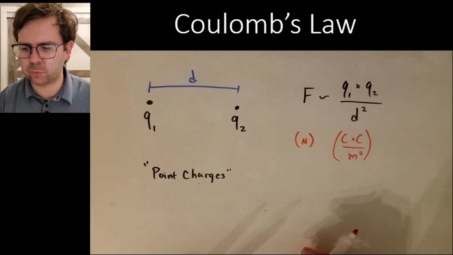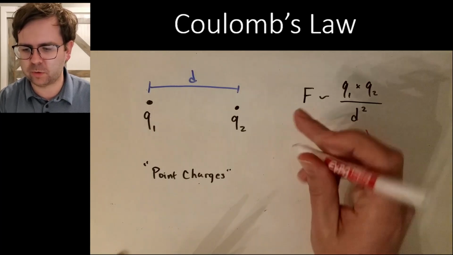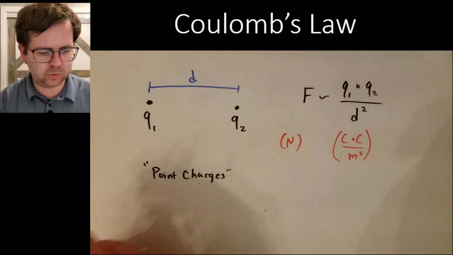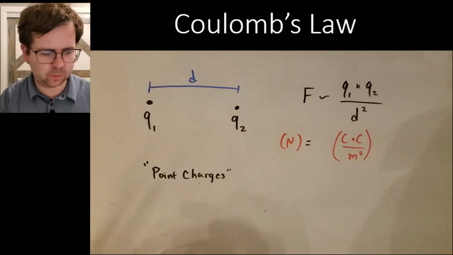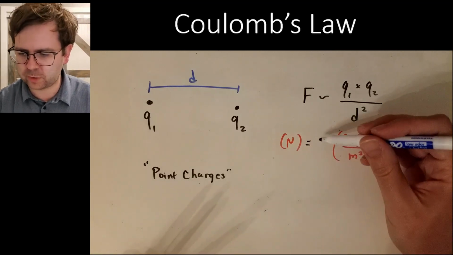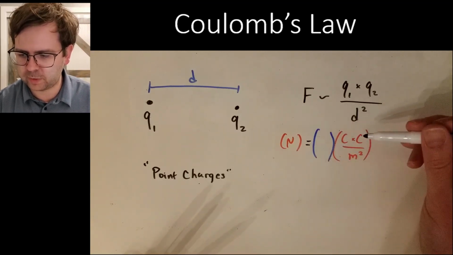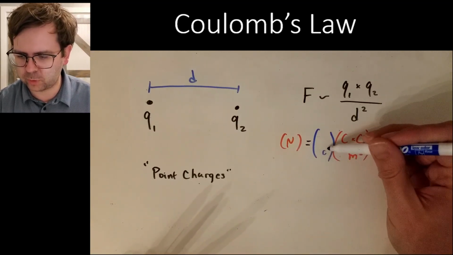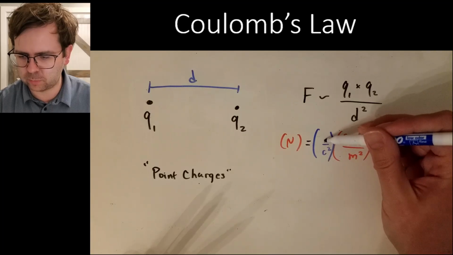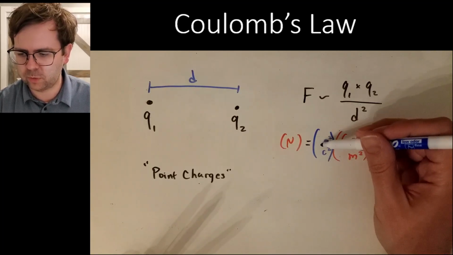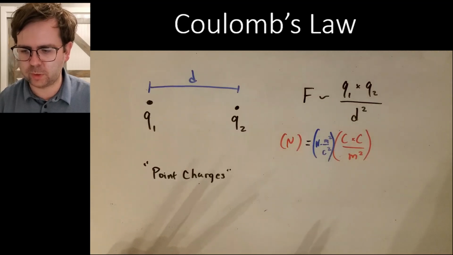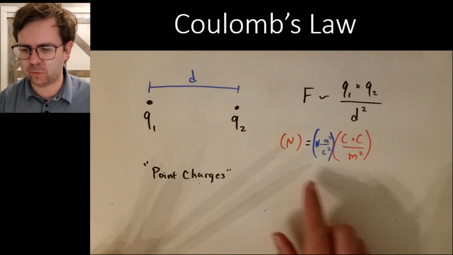So what we need is some kind of conversion factor that we can put in here so that these two equal each other. And that conversion factor is going to have units that cancel out the coulombs and the meters squared. So it's going to be coulombs squared on the bottom, meters squared on the top. So those will cancel, and we need newtons in here as well. That'll give us units of newton.